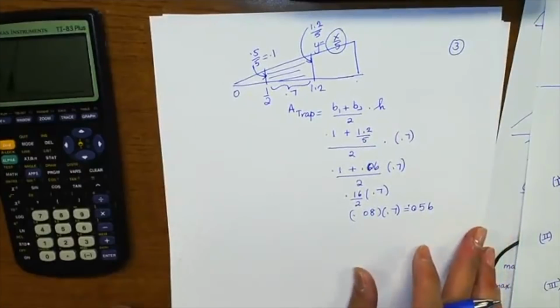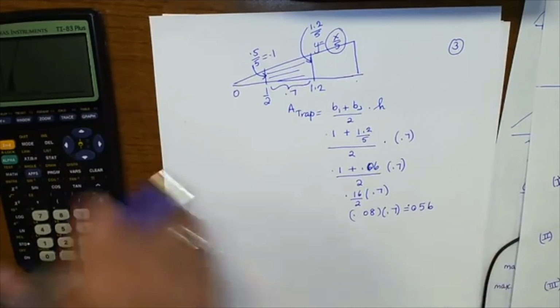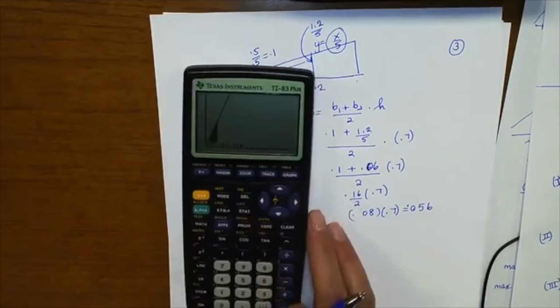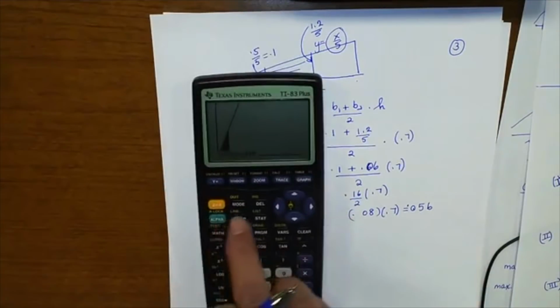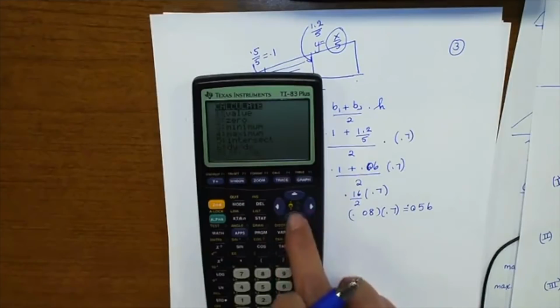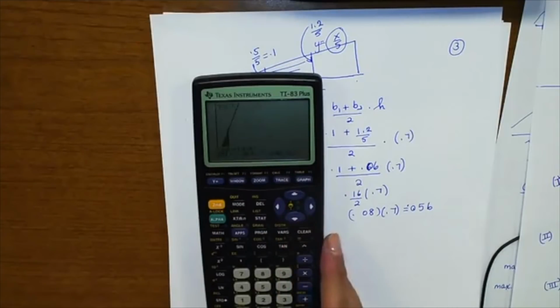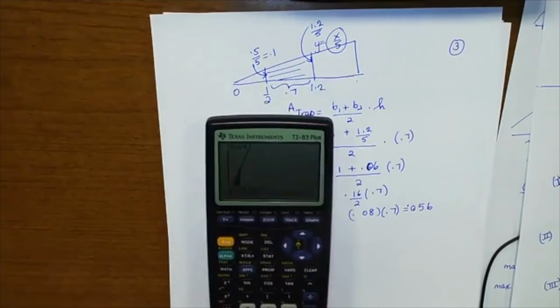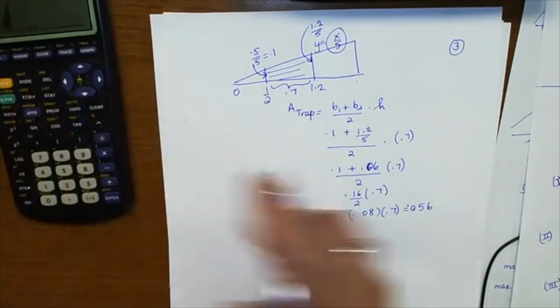And what's the answer? What did it say the answer was? Did I even do it? Let's see. Second calc, integral of f of x, lower limit equals 0.5, upper limit equals 1.2. The answer is 0.119. So clearly I'm doing something wrong, right?